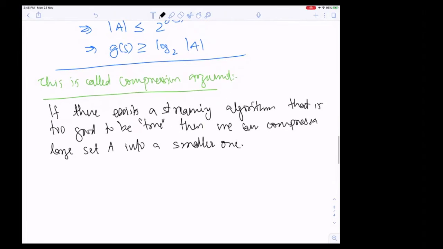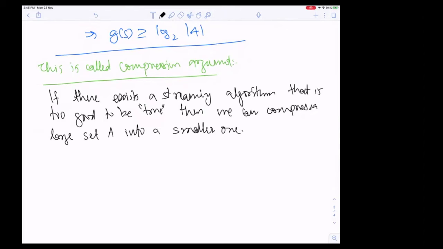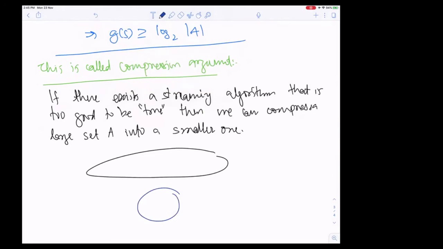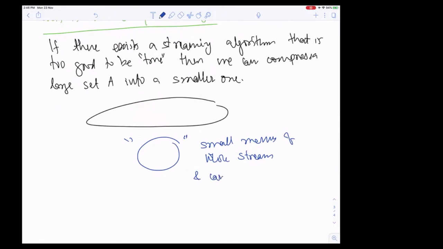Now, one more intuition is why compression? If you notice, most of the sketching or streaming algorithms we made, what do they keep? You have this stream going on, right? It keeps a small sketch or small memory of the whole stream, and can recover the answer from this small memory.